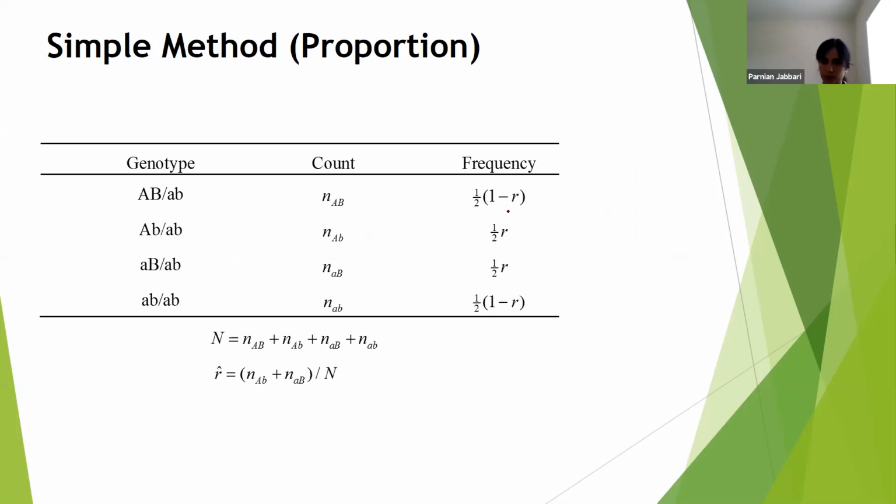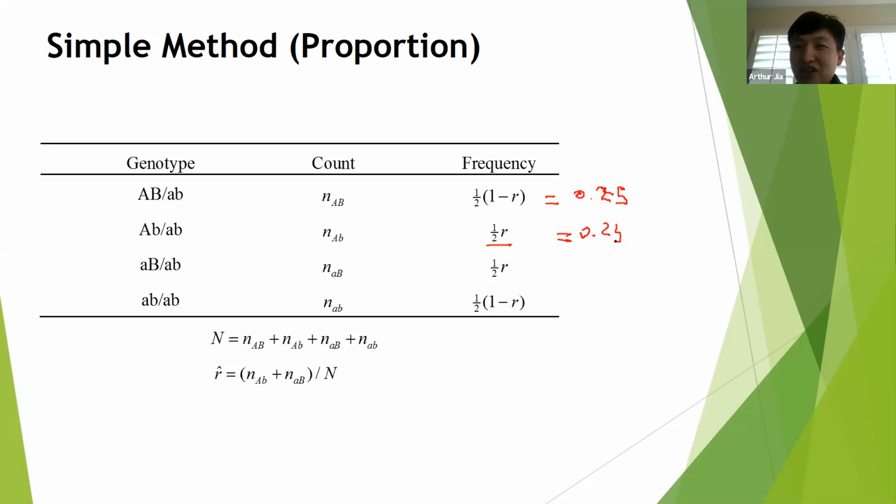What's the first number here? 50%. So 1 minus 0.5 is 0.5 and divided by 2, this will be 0.25. Is that correct? How about this one? The same. So this is a very general formula.